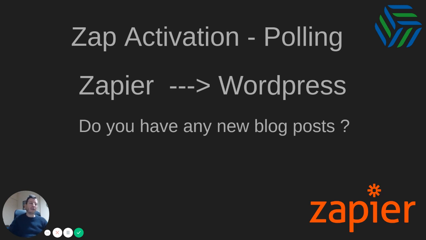In the polling model, we have Zapier calling, for example, in this case, the WordPress server, asking something along the lines of, do you have any new blog posts in the last 15 minutes or in the last 5 minutes, depending on the plan? So in this case, Zapier is asking the trigger application if there are new blog posts in the last 15 or 5 minutes.